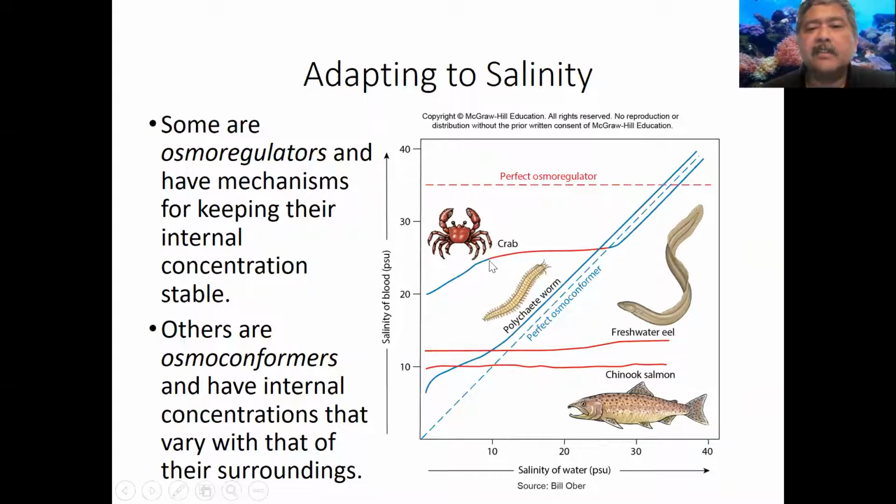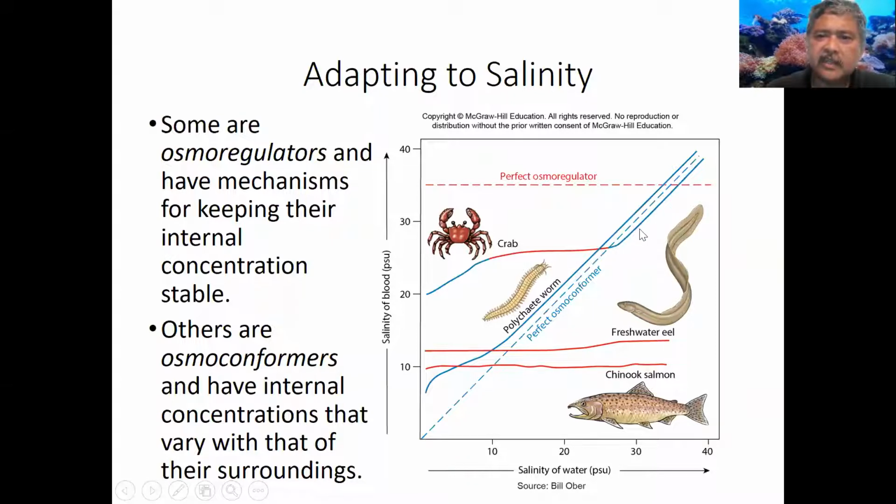Now, the most interesting out of the four here is this crab. You can see the crab is an osmoconformer, but it also has some internal mechanisms that kick in. That's why it's a blue line, and then it's a red line. And then for higher salinity, it has internal mechanisms to help it live in the environment right there. That is only for a certain range of salinity over here.